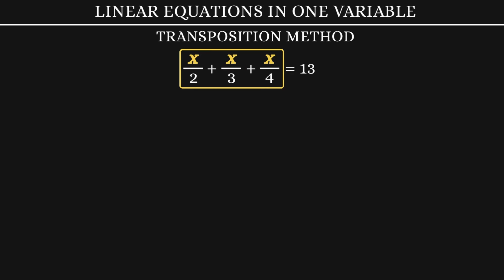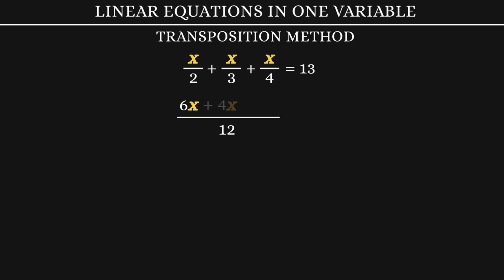To do that, let's find the LCM of the denominators 2, 3 and 4. The common denominator becomes 12. And in the numerator, we have 6x plus 4x plus 3x. This is equal to 13.